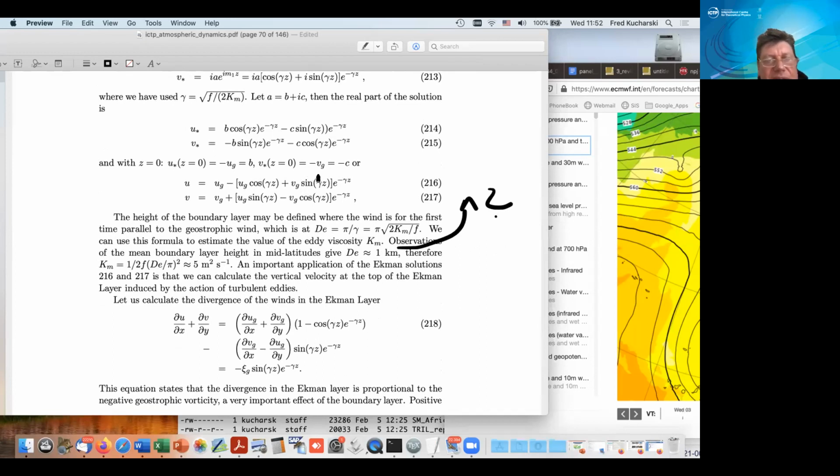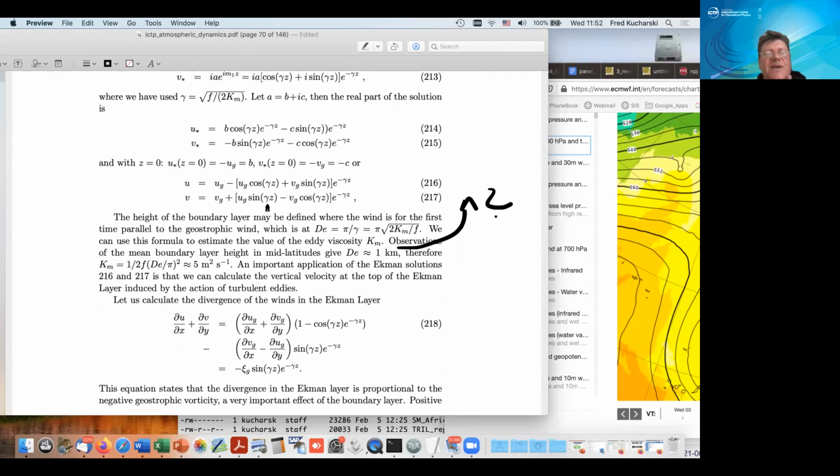That would be when this sine here goes to 0, because then the wind becomes parallel to the geostrophic wind, because the sine drops out from these two equations.